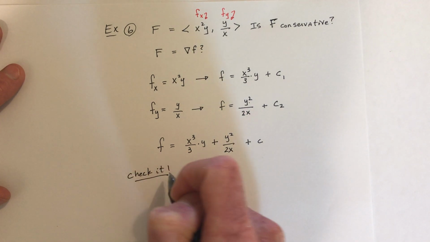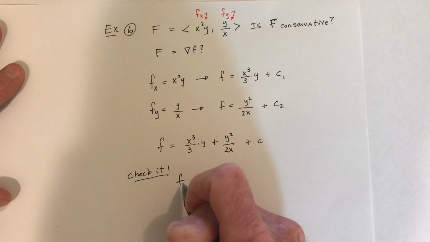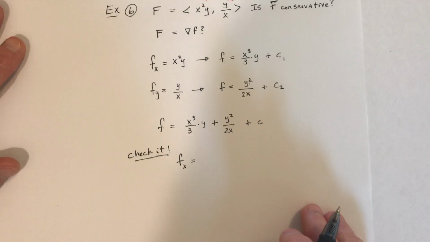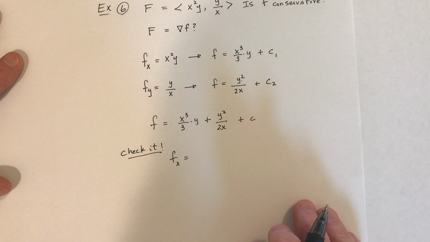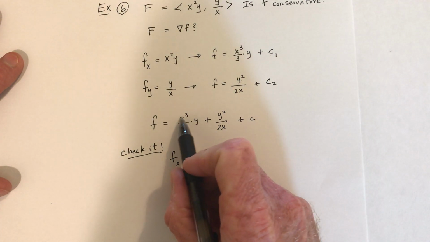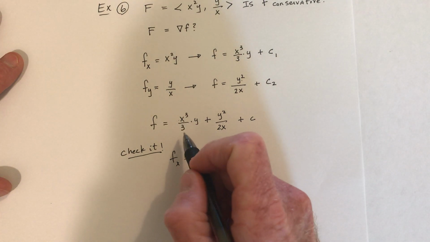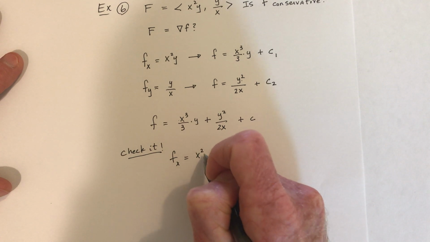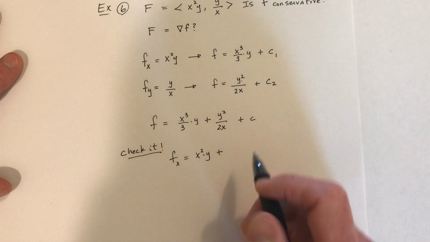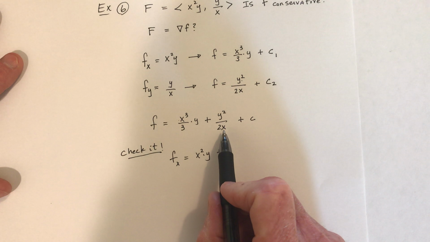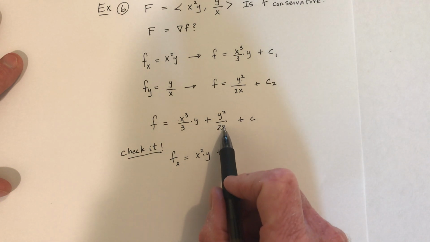Check it. Okay, that's a different party. So take the derivative with respect to x. So this will be 3x squared, and then the 3's will cancel, so it leaves x squared times y. And because we're taking the derivative with respect to x, you have to take the derivative here. So I would just look at this as 1 over x.